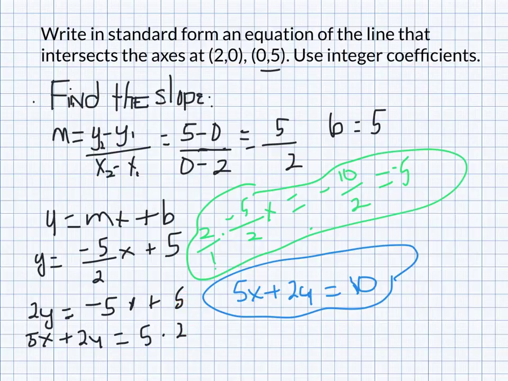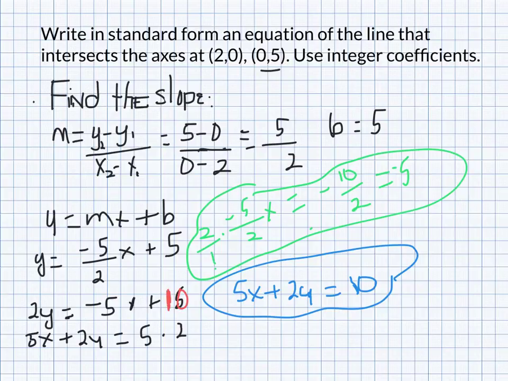We add 5x to both sides, and that gets on this side 5x plus 2y equals 5 times 2 over here. That's what I did wrong. I was looking at this trying to figure out, I didn't multiply this. This should be 10 right here. I'll do it in red.